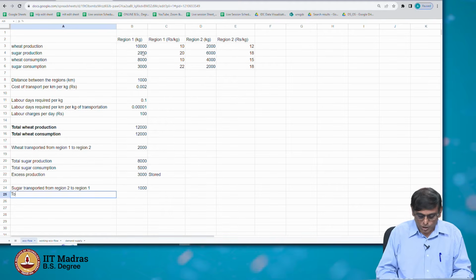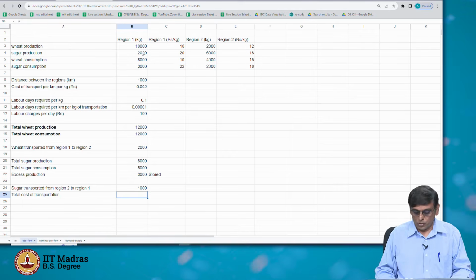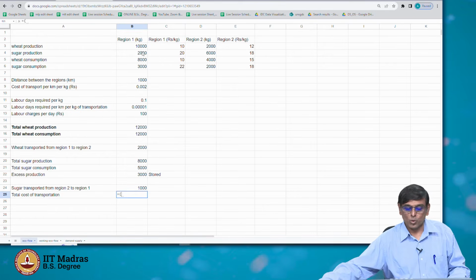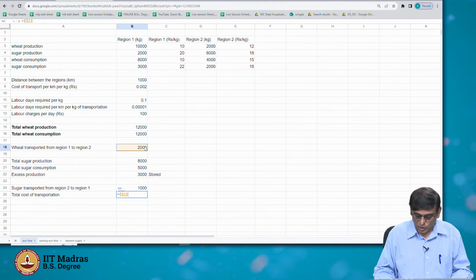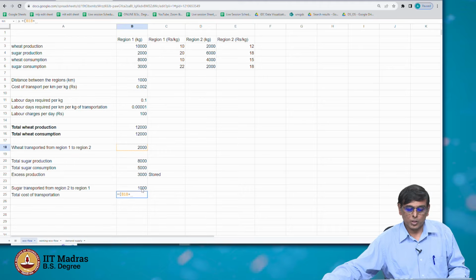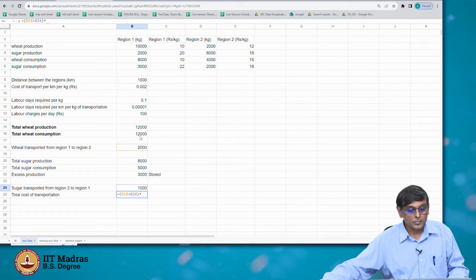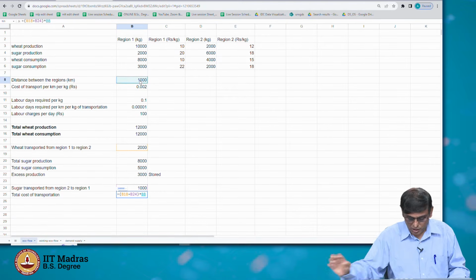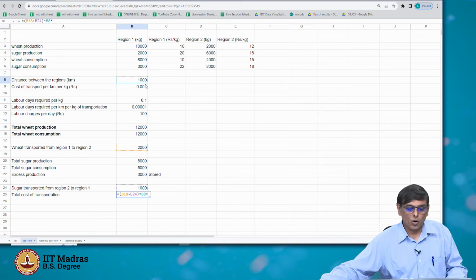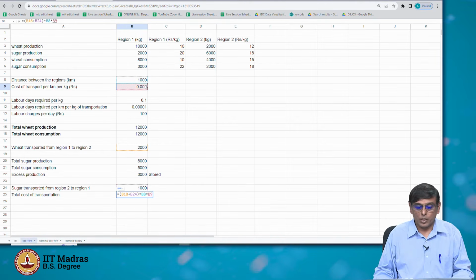Now, we can calculate from this the total cost of transportation. 2,000 was transported from region 1 to region 2, 1,000 was transported from region 2 to region 1, multiplied by distance between the two places multiplied by cost to transport 1 kilometer per kilo, right.